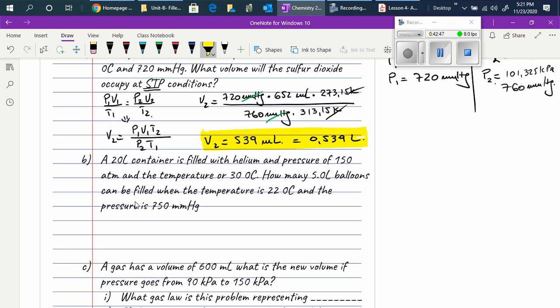So now let's see this one here. A 20-liter container is filled with helium at a pressure of, so we'll sort here what is given and what they are asking for. So what is given is volume 1 is 20 liters. Pressure 1 is 150 atmosphere. And then we have how many 5.0 liter balloons can be filled when the temperature is T2.